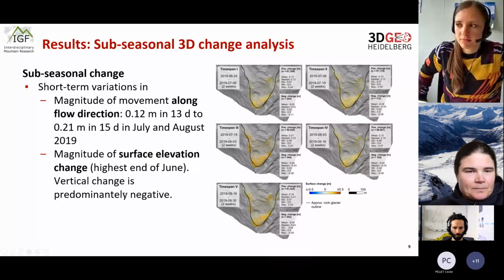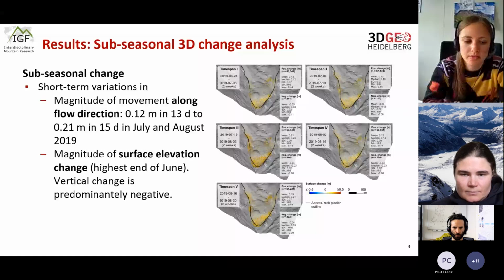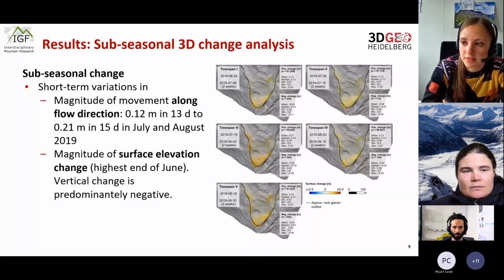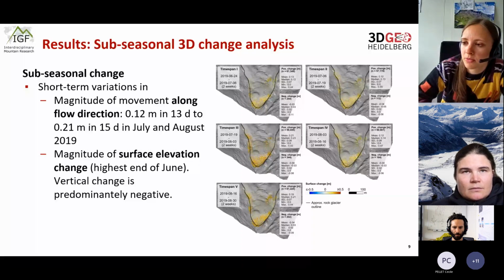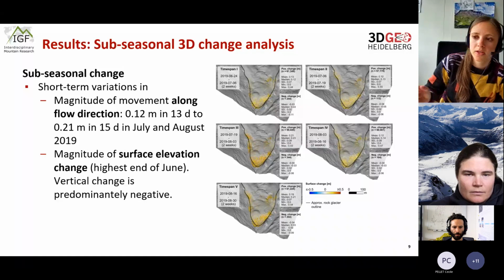In addition to that, with this higher frequency monitoring, we're able to take a look at potential variations in subseasonal change. We found that there are short-term variations in the magnitude of the movement of the rock glacier along the flow direction, with magnitudes between 12 centimeters and 21 centimeters within the 2-week timestamps.